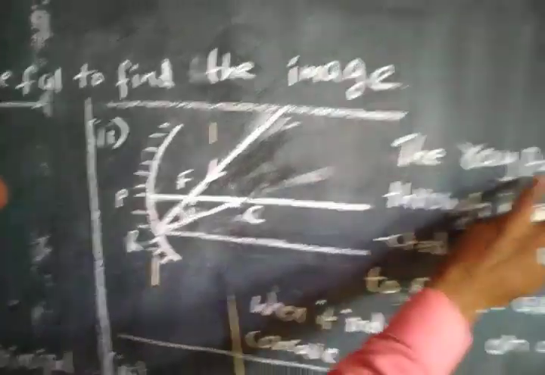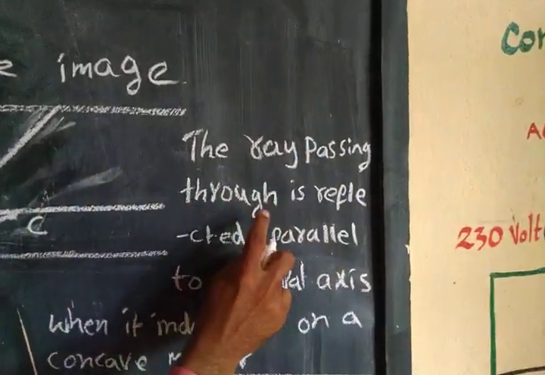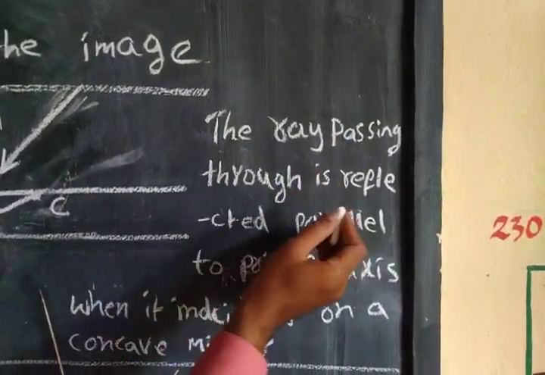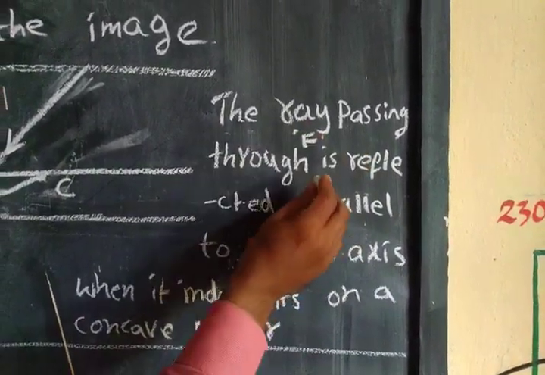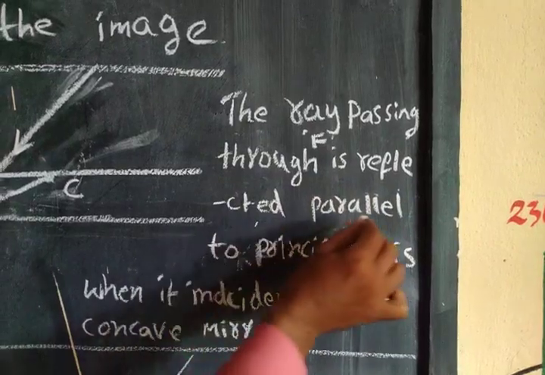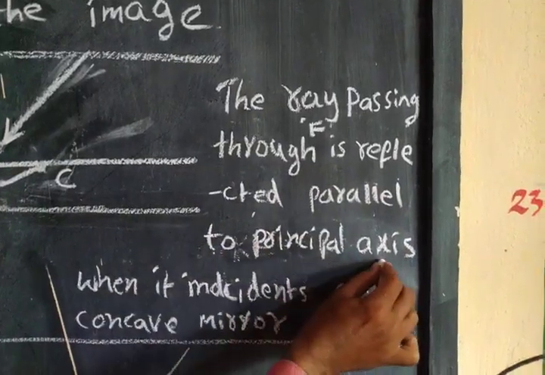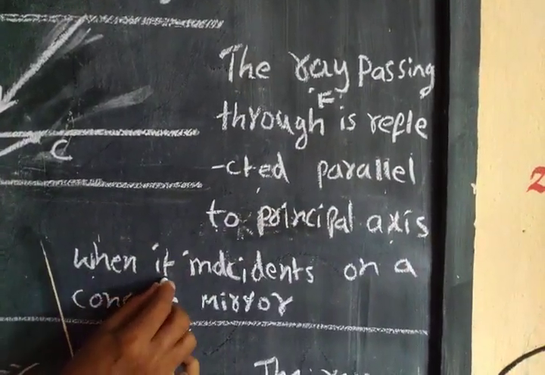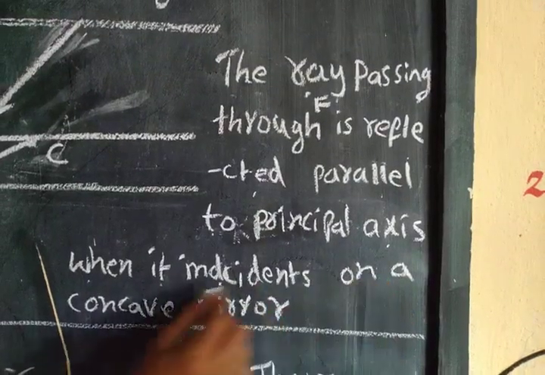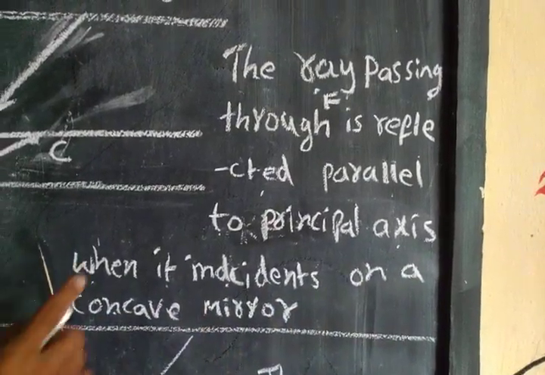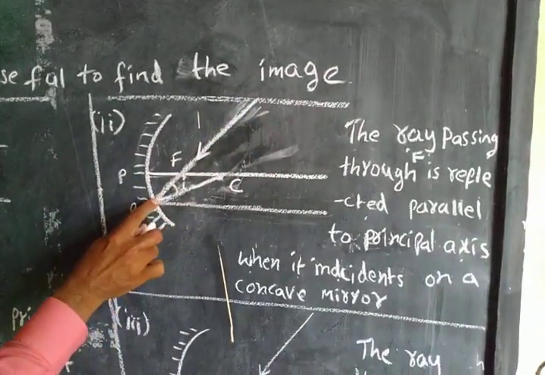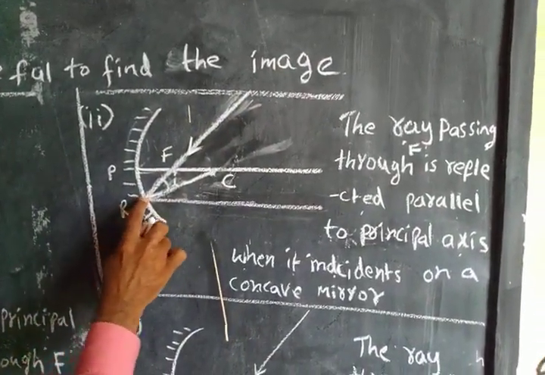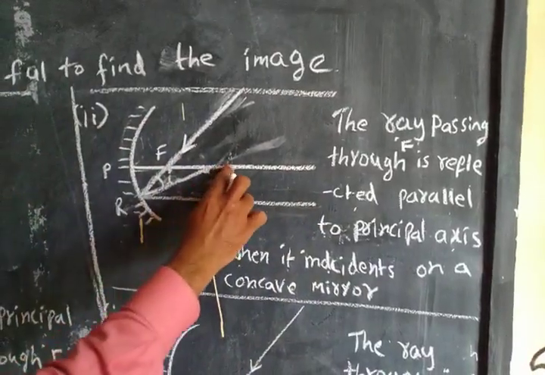The ray passing through F is reflected parallel to the principal axis when it is incident on a concave mirror.